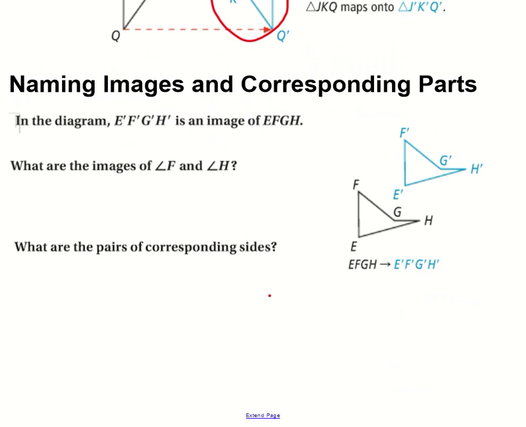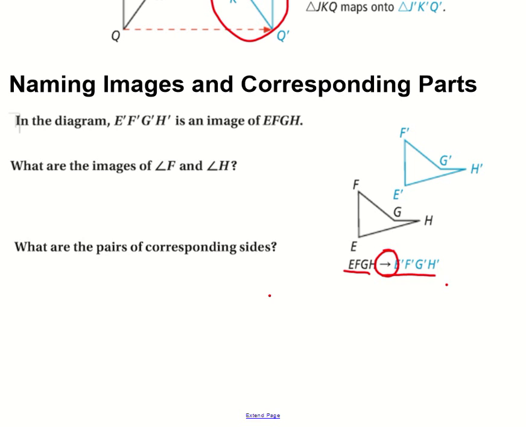Now, since if you have an isometry, the image and the pre-image are congruent, we can use that to find some of these matching parts. So here we have EFGH is mapped to E prime, F prime, G prime, H prime. So it's been translated over.